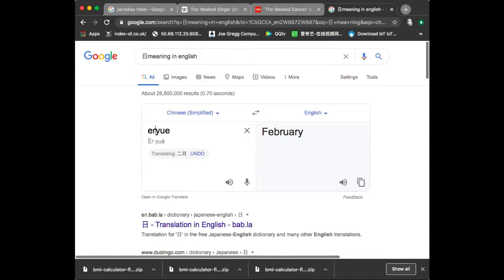Like when we're counting people, what do we say? Do we say 2个人 or 2个人? 2 people. Yes. 2个人, that's the correct way.